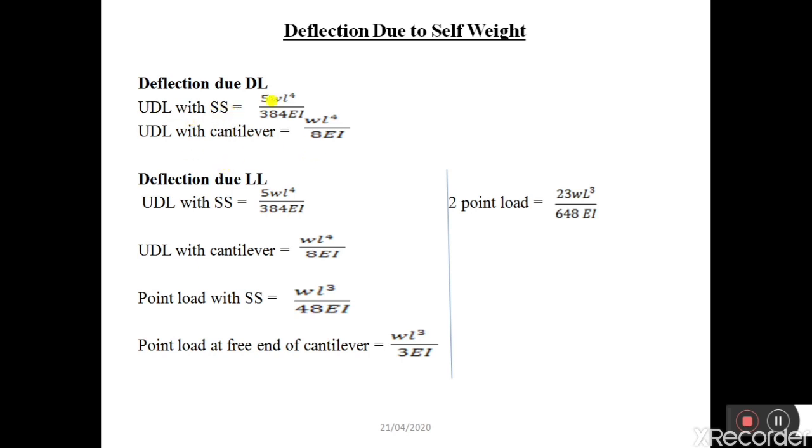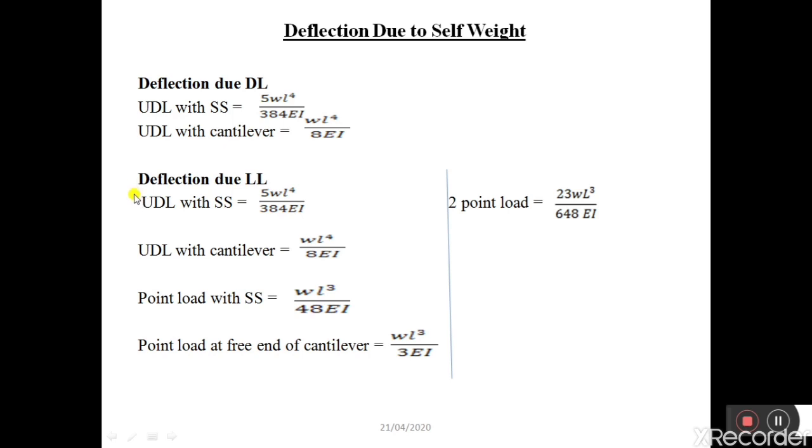And one more condition is a cantilever beam with UDL. Then for this the formula is WL to the power 4 by 8 EI. So these are only the two cases used for the calculation of deflection of a prestressed concrete member when it is subjected to a dead load.